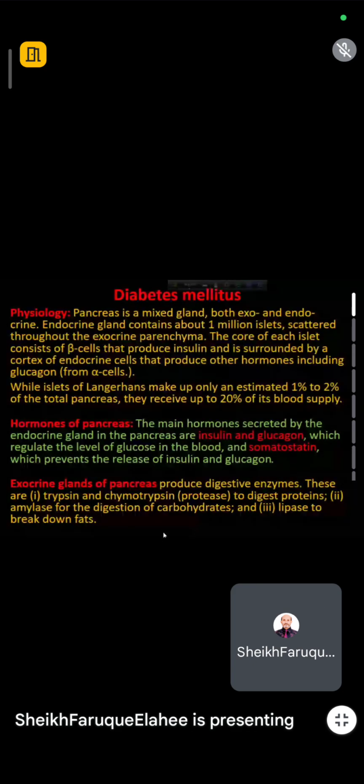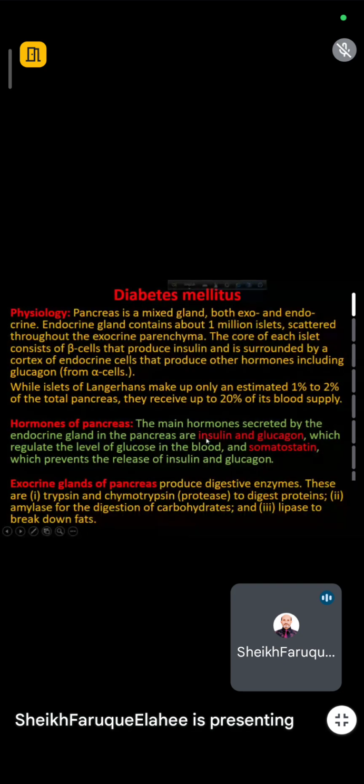So, let us see what are the hormones produced by pancreas. We say that pancreas is a mixed gland, exocrine gland producing digestive enzymes, and endocrine glands, only 1 to 2% of the pancreas, producing a hormone. What hormone? You see, there are 3 hormones we mentioned here. One is insulin, then glucagon, and somatostatin.